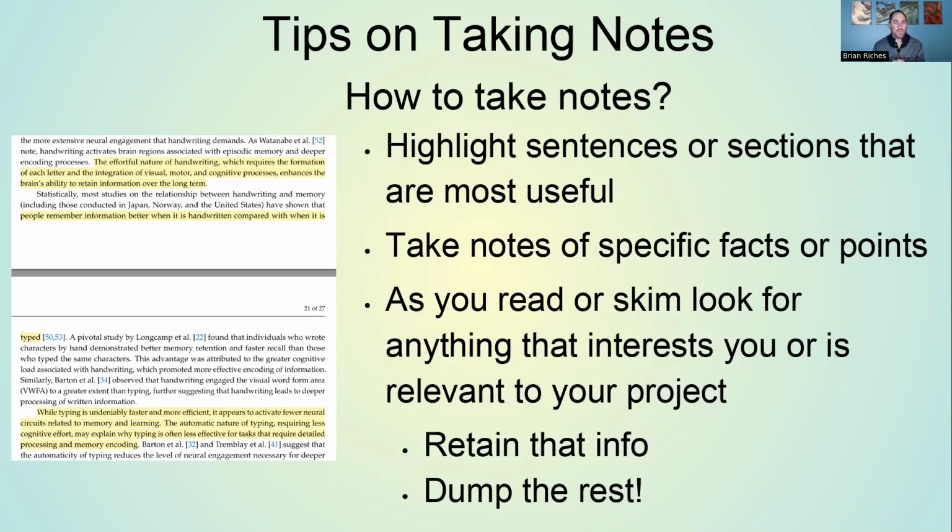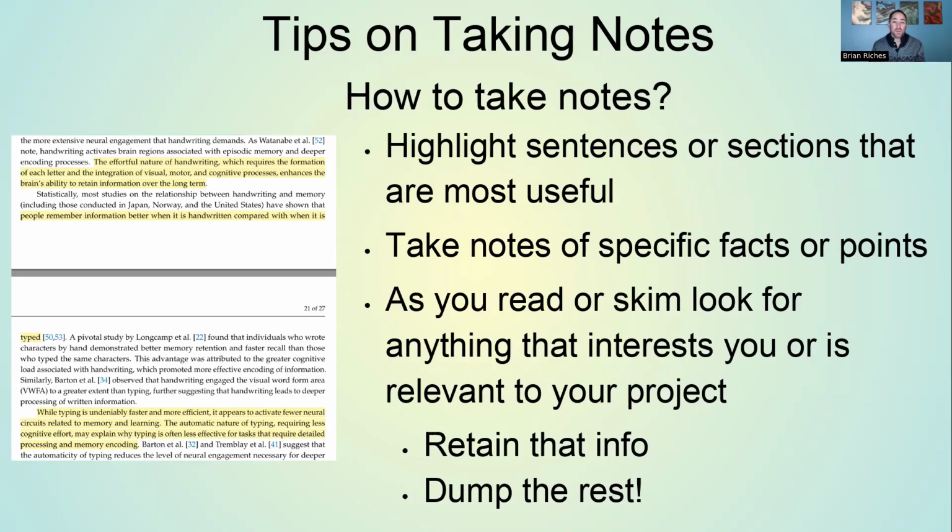Also, as you read through, look for anything that's specifically of interest to your project. So again, if those specific brain areas were relevant to your project, you want to focus on it. If those brain areas aren't relevant to your project, then you can ignore them or kind of skim over them and say, okay, so these are the brain areas that are related to this process. That's fine.